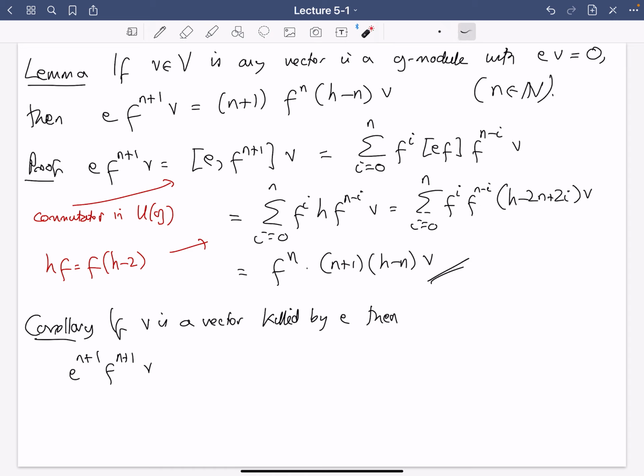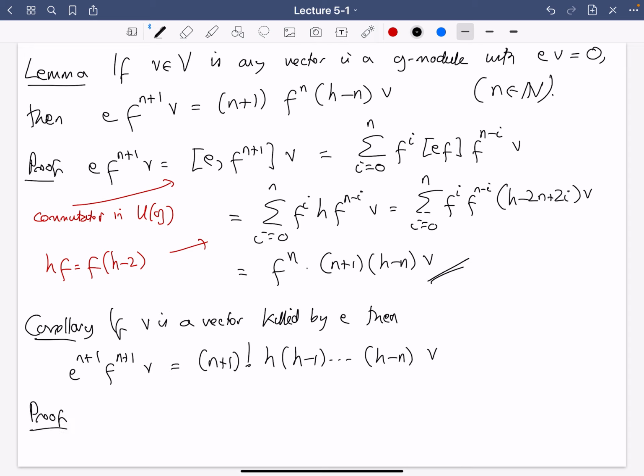This follows very easily from the lemma, which tells you how to do E on F to the n plus 1 v, and now I'm just doing loads of E's on that. So maybe I'll write out the proof. This is going to be equal to n plus 1 factorial, h times h minus 1 through h minus n, v.